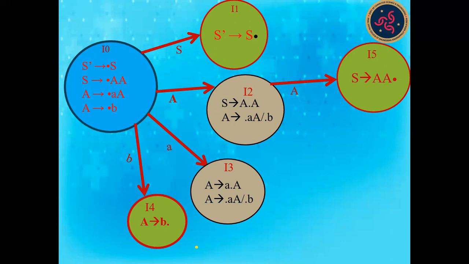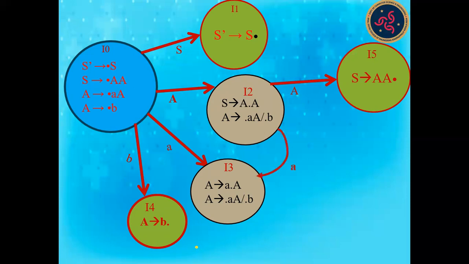If we got a non-terminal A, then it can move to the state I3, because I3 also has this A. When we read A, the process is done in the state I3. Again, need not repeat the same steps, right? So after getting A, it can move to the state I3.